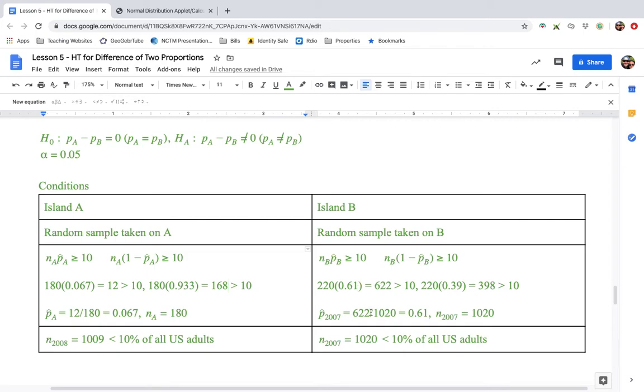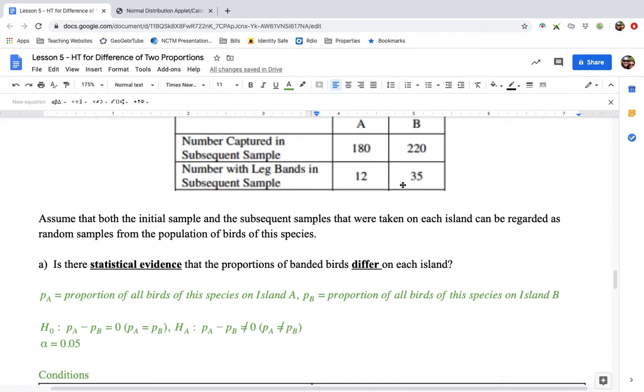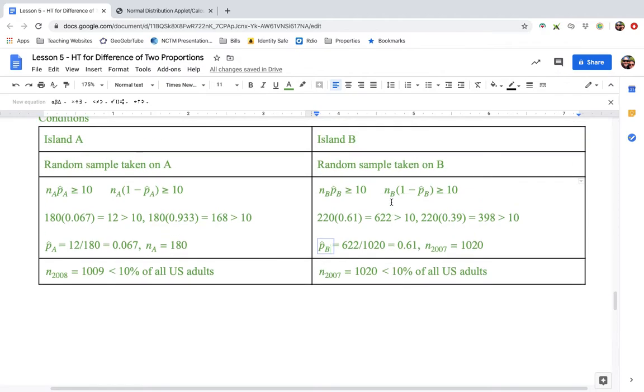We do the same thing over here. The sample proportion for banded birds for island B was, what did they have? They had 35 out of 220, which is about 0.159, so a little under 16%. The sample size over here we already said was 220 birds.